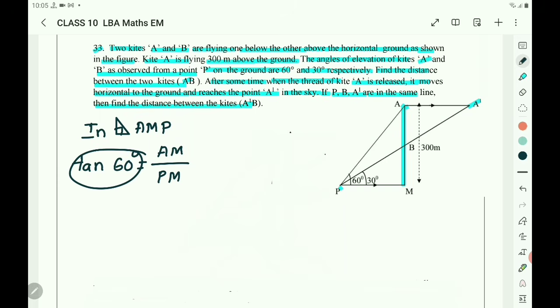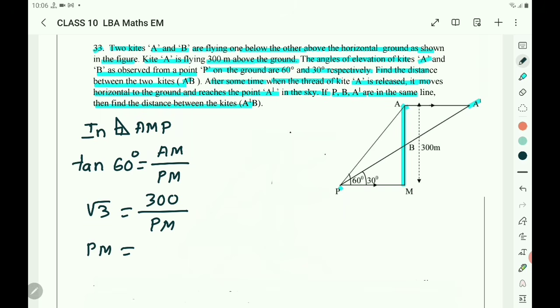Then tan 60 is root 3 equals AM is 300, that is the height of the kite A, 300 by PM, which is to be found out. Then exchange the place of PM and root 3. So you will get PM is equals to 300 by root 3.